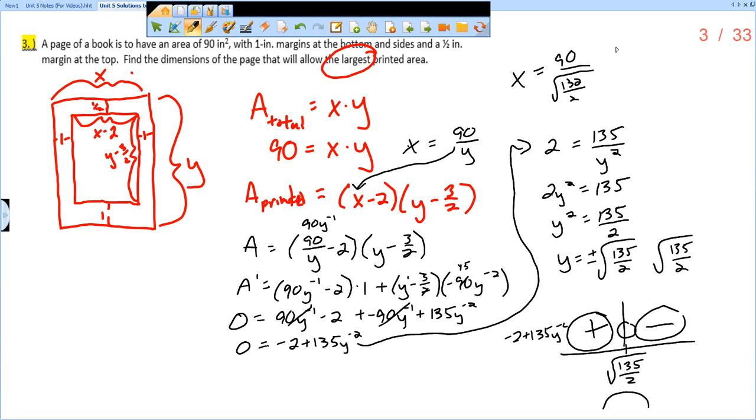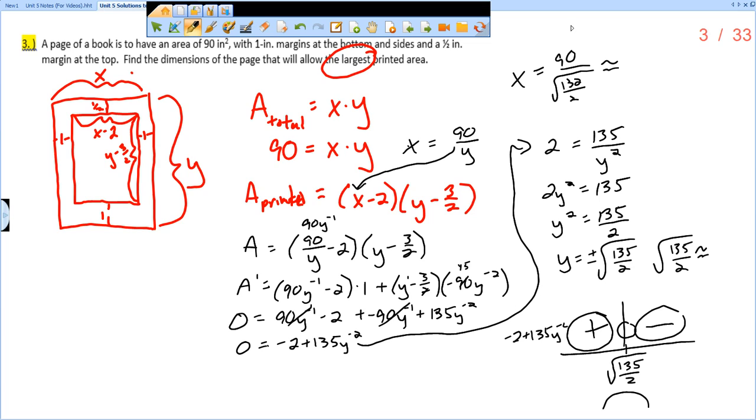That would be our y value. Obviously, then we would want to do a calculation on these values to make sure that we have the correct values. So we're going to do that calculation quickly.